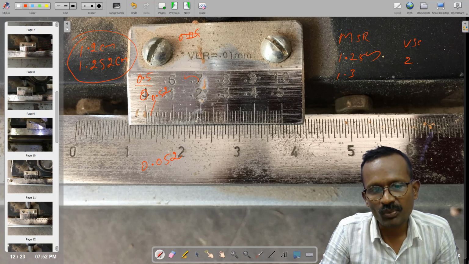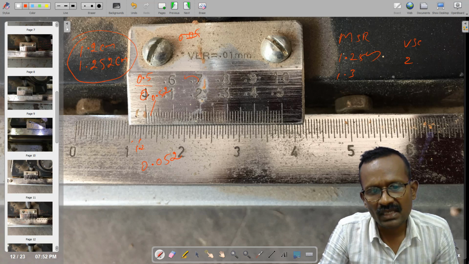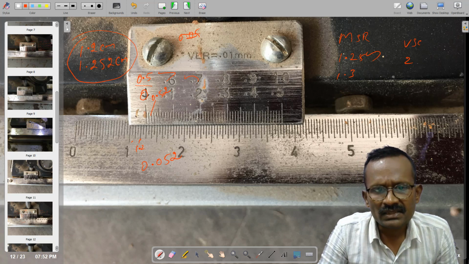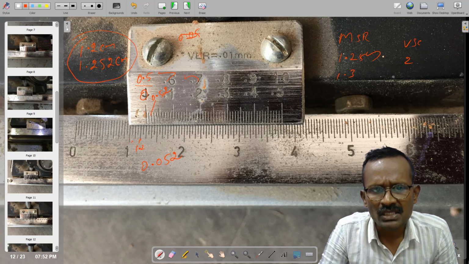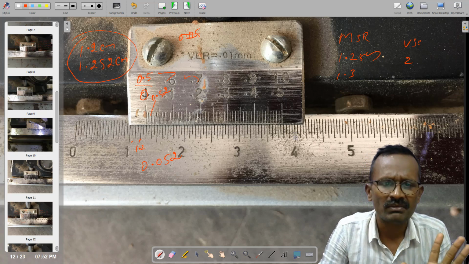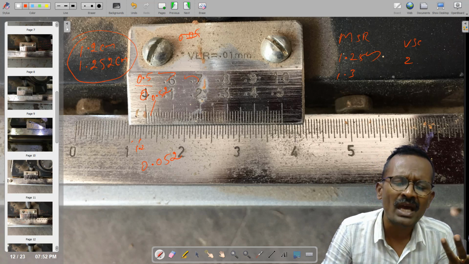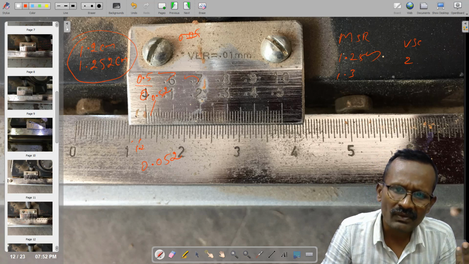This crossed 1.2, this is 1.1, this is 1.2. I told you, if it crosses the 0.05 division, we have to consider this one. See, this is 0.6. What about this one? This should have been 0.5. If it has been 0.5, then only this should be 0.6, 0.7. If it is 0.1, this should be 0.